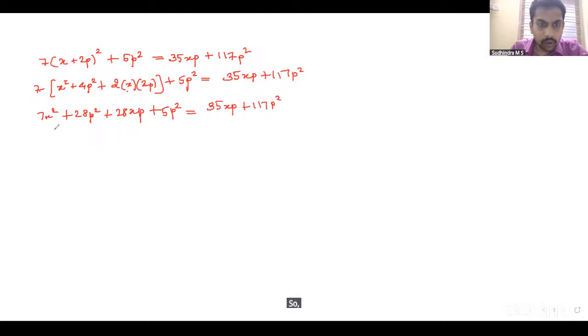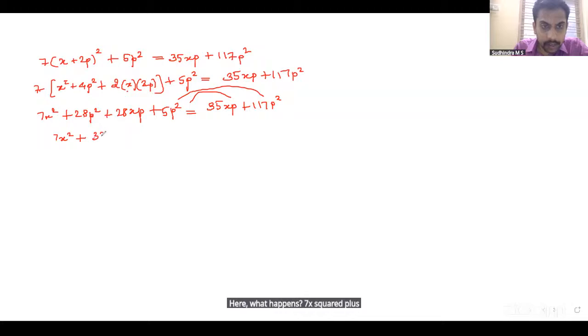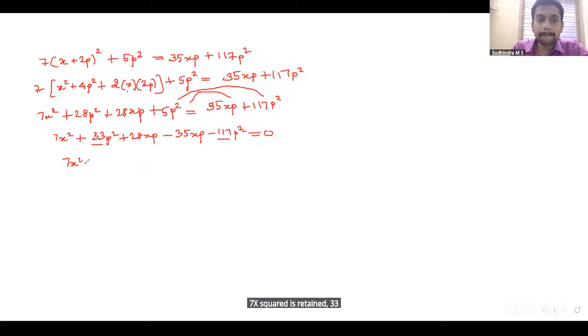So bring both here. What happens? 7x square plus 28 plus 5 is 33p square, plus 28xp minus 35xp minus 117p square is equal to 0. 7x square is retained. 33 minus 117.